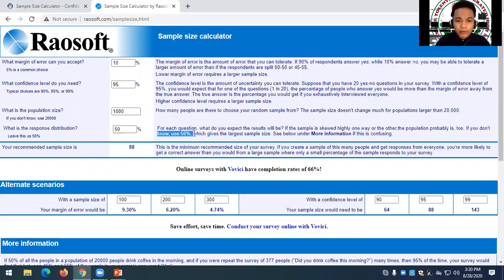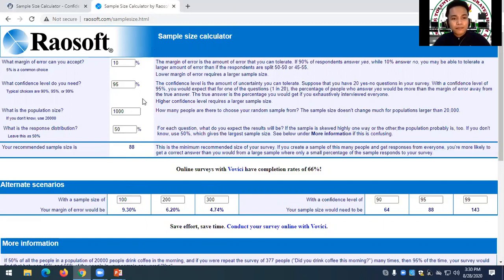So parang itong 50% na ito yung pinaka-default, no? Which gives the largest sample size. Ayun yun, no? Kung hindi natin alam yung ating response distribution, gamitin na lang natin itong 50%. Right? So, as default muna.